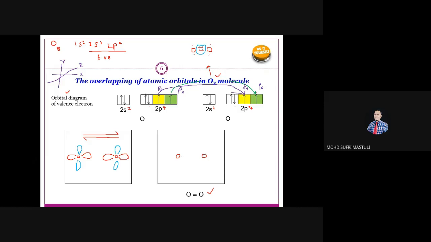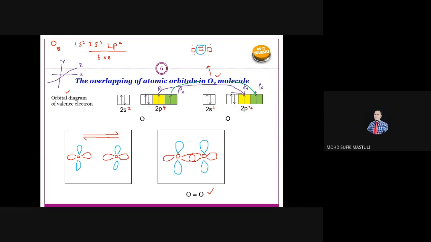We know this px will overlap with the other px, and then this py will overlap with the other py.